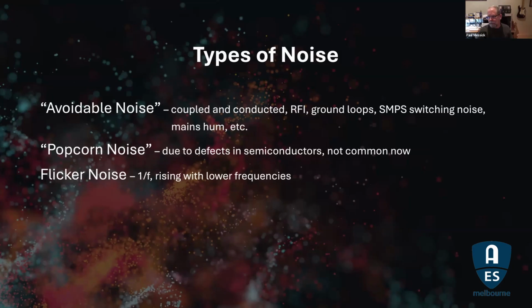Then you have flicker noise, which is also known as 1/f noise, which is an issue in some kinds of designs. This is where the noise tends to rise as the frequency goes down. There's a frequency at which that noise rises above the noise floor, and that's called the corner frequency.